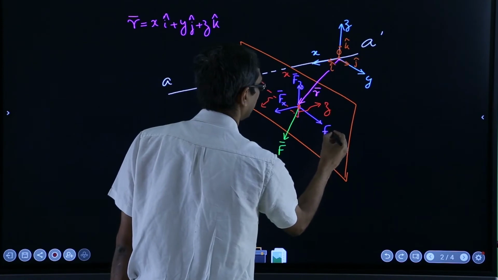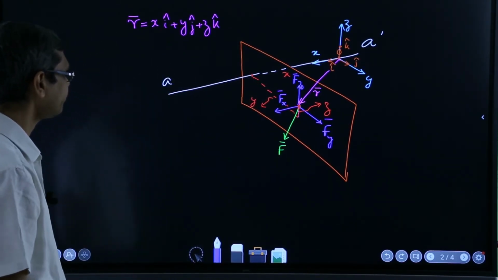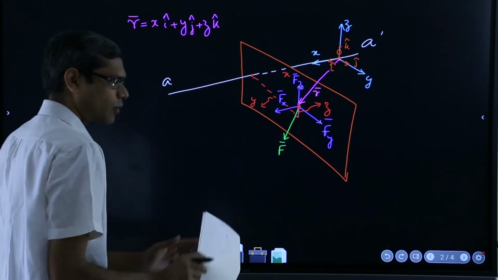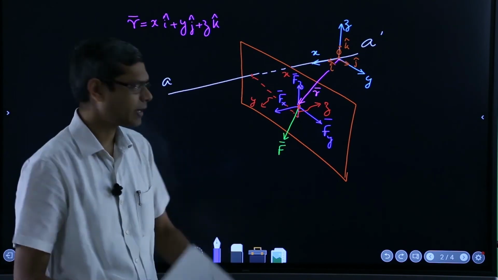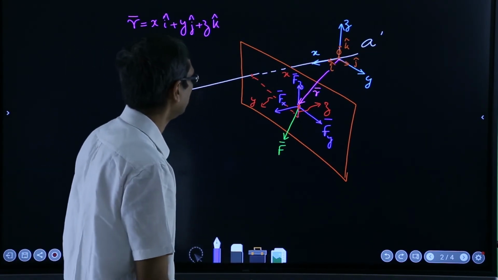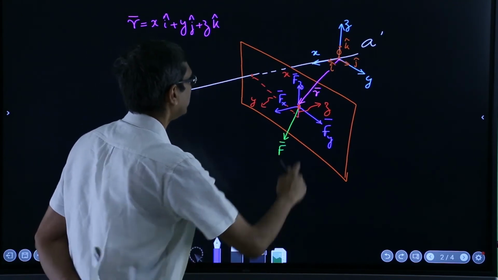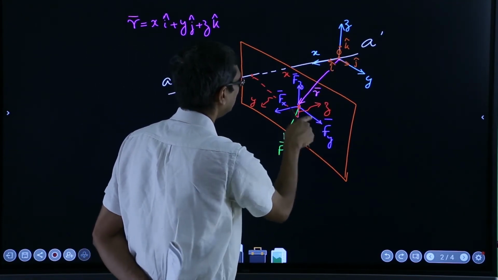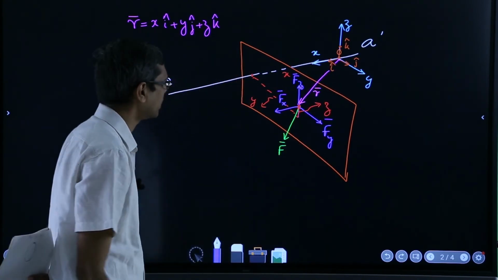So this is fy and fz component, so that whatever formula we will get, all the positive senses will be positive and negative are negative by default. Done. Then let us calculate the moment of all these components about the line AA prime.